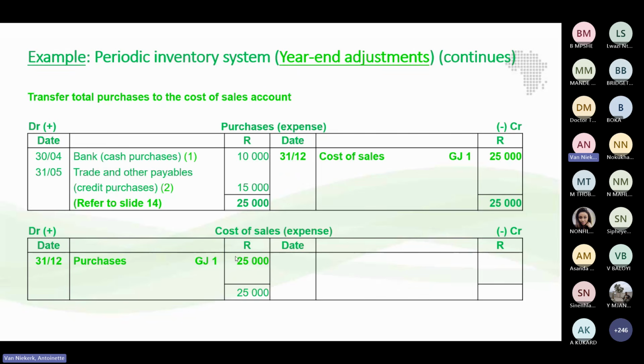But we're not going to record it as an opening balance because remember now, if you have 25,000 Rand on your debit side and you want to take it out of the account, you put it on the minus, on the side where there's a minus, the credit side. So now you're deducting 25,000 Rand from this account, you're taking it out and you're transferring it to the cost of sales, which increases on your debit side.